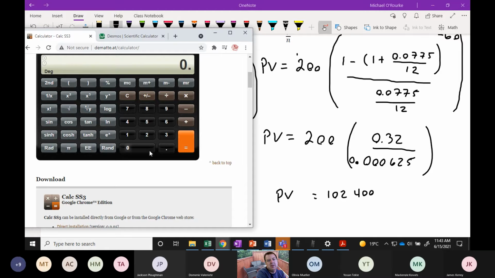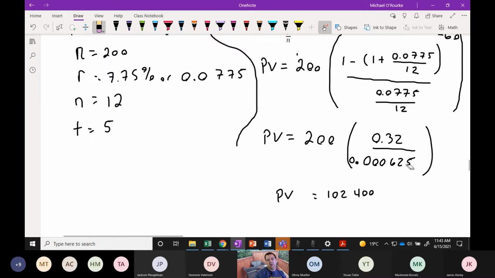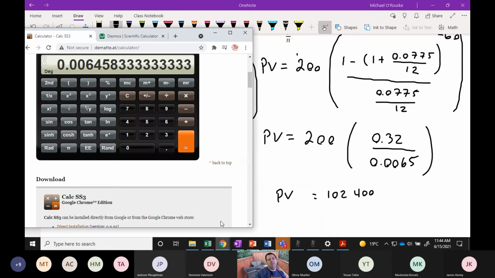Okay. That's 0.0775 divided by 12 equals, okay. Where did that previous number come from? That should be 0.0065. Okay.